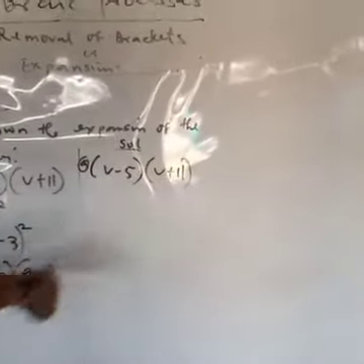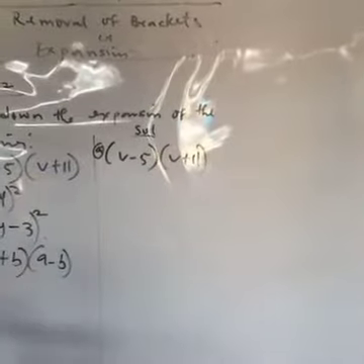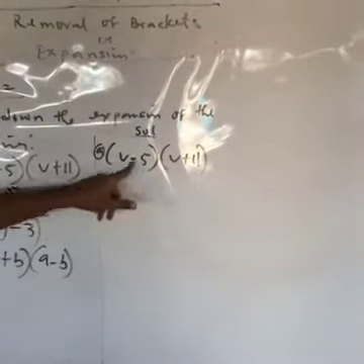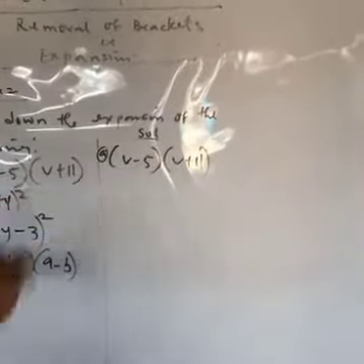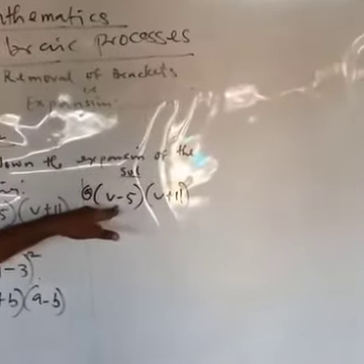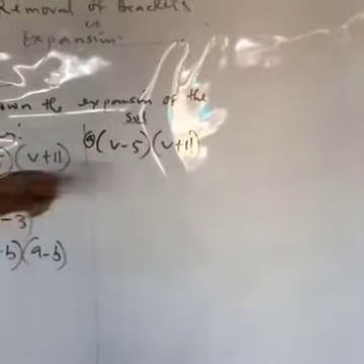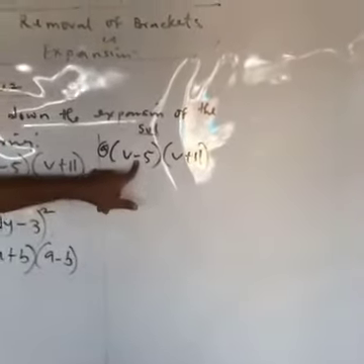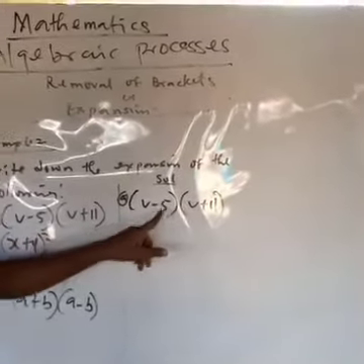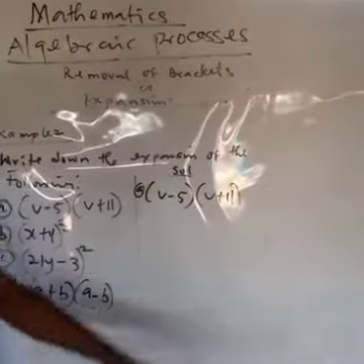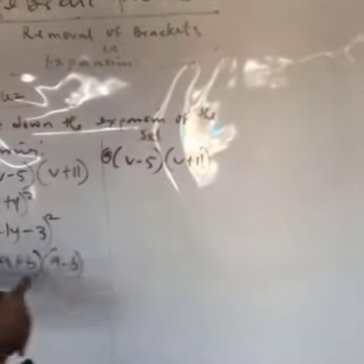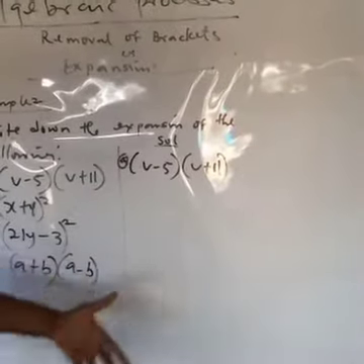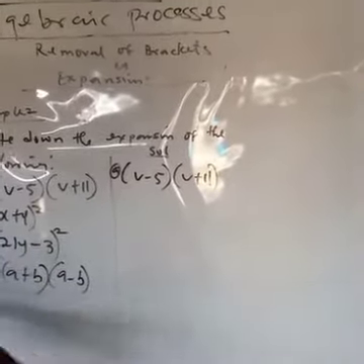We use v to multiply v, use v to multiply 11. Then we won't stop there because we have two terms here. So we also go to the second term, which is minus 5. Minus 5 times v, minus 5 times plus 11. If there's a way you can add or subtract, you do it. But if addition and subtraction is not possible, then you leave it.